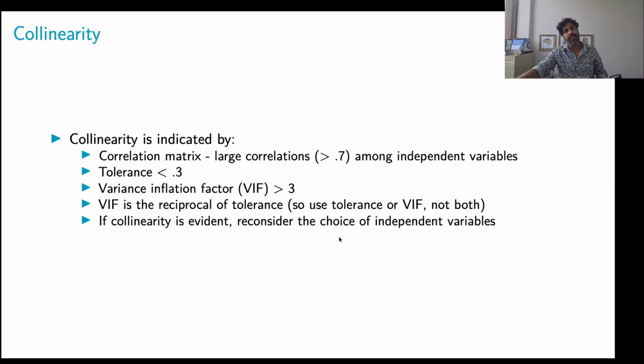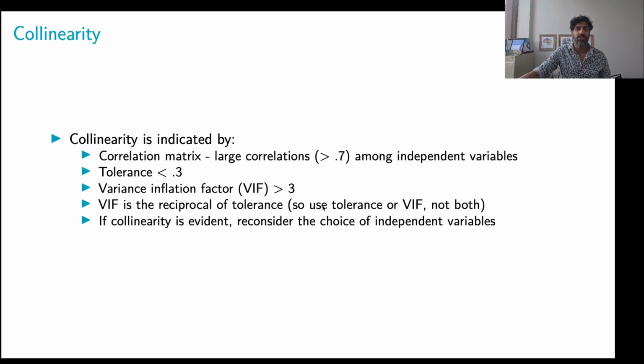So collinearity is indicated by the correlation matrix. So if you have large correlations greater than 0.7 among independent variables, the tolerance factor is 0.3, or variance inflation factor is greater than 3. So these are just ways of identifying multicollinearity in your data. VIF, variance inflation factor, is the reciprocal of tolerance.